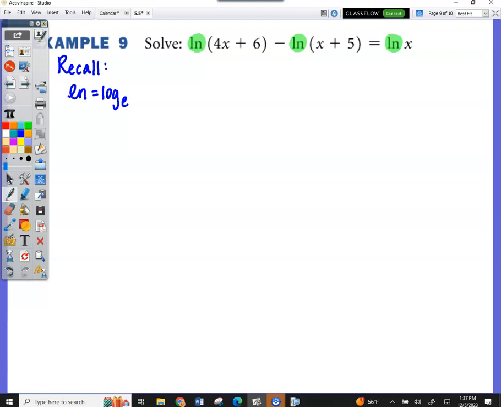When the log and the base match, you can just take the logs off. But before you run with that, I would remember the 5-4 lesson and condense it down to a single expression so you don't forget the 5-4 translation. You know what I mean? That is a subtraction that becomes a fraction. And I would do that first before you recognize, hey, they all have the same ln. I can just get rid of the ln.